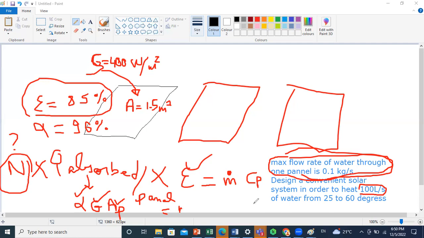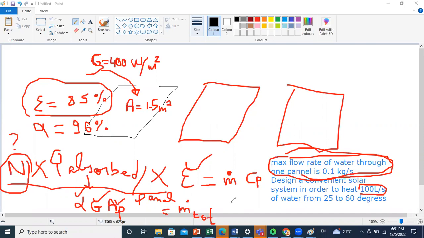But in total, since here we considered the total heat, we can put directly m dot total of water. If you did the analysis per panel, instead, if you put from this side Q absorbed times epsilon times alpha per panel, then you put m dot total over n.